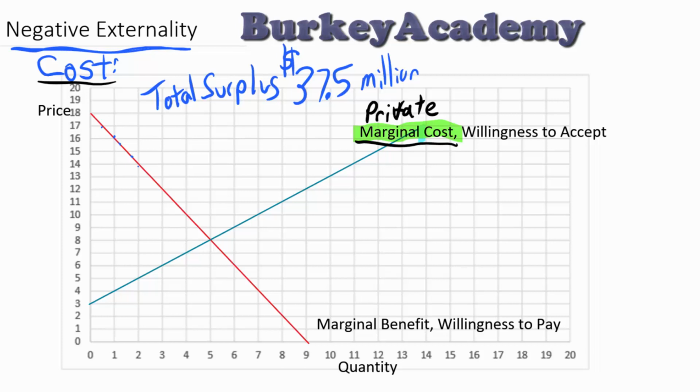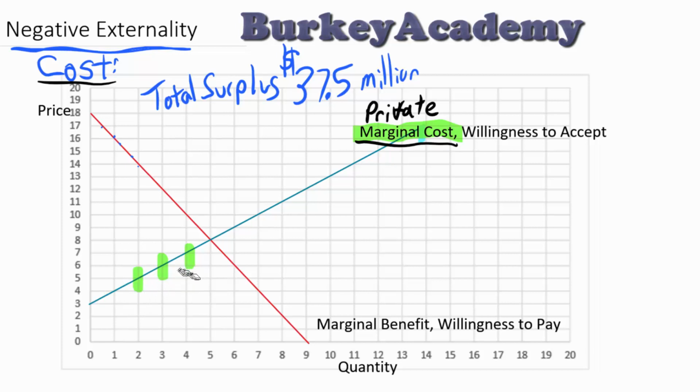So when we look at the costs here on this supply curve, the cost here of $4 would represent the labor and material costs. We call them the marginal costs or the variable costs of a business. And the cost here for the second unit is $5. The labor and materials costs for the third unit are $6, and so on. But this doesn't include the cost of the pollution.